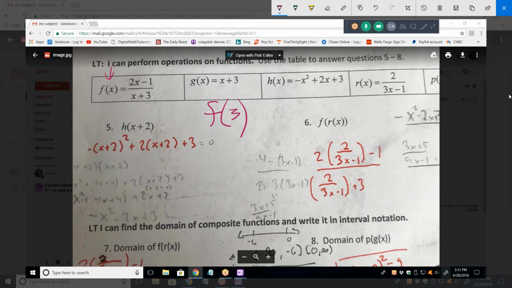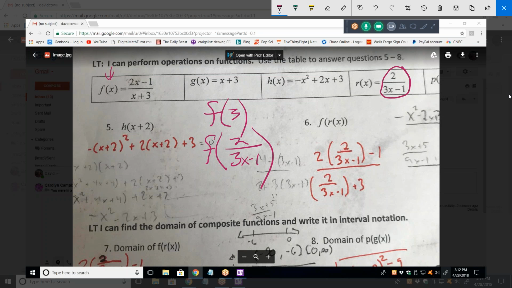Mm-hmm. So instead of f of 3, it says f of r of x. Well, that's r of x. So it really becomes f of 2 over 3x minus 1. Now what do you do? Wait, you replace all of the x's in the f function with that.